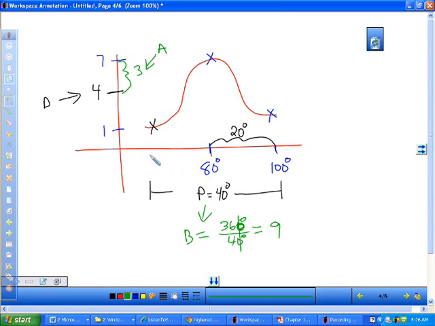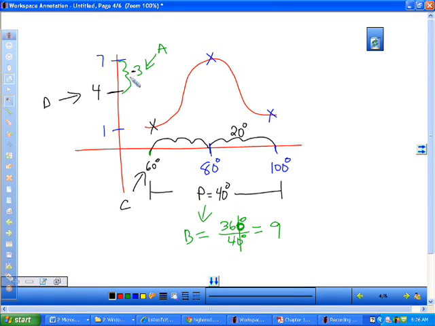C is this one right here. If I know that this is 20, I need to backtrack 20 less than 80, and that's going to be 60. And that's the value of C. Now, what about A though? We said it was 3, but really it's going to end up being negative 3 because of the shape of the cosine. It's a negative cosine, so that makes that one negative.